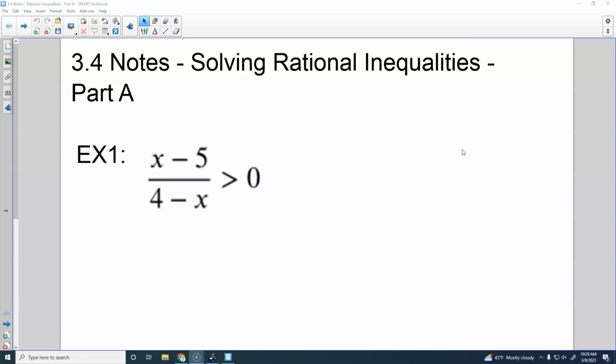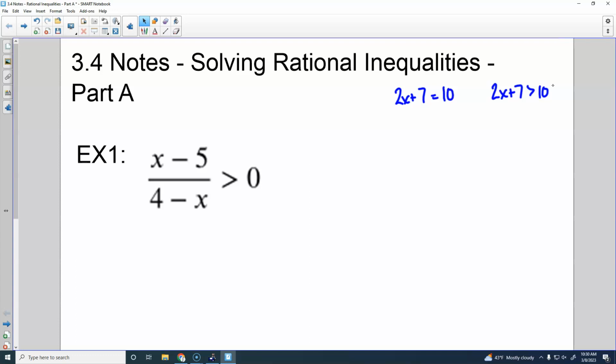Like if you were solving 2x plus 7 equals 10 versus 2x plus 7 is greater than 10, you didn't change much about how you did the work, right? You pretty much did the same thing. If you divide by a negative, you have to flip the inequality sign. But otherwise, it pretty much is the same as solving equations.